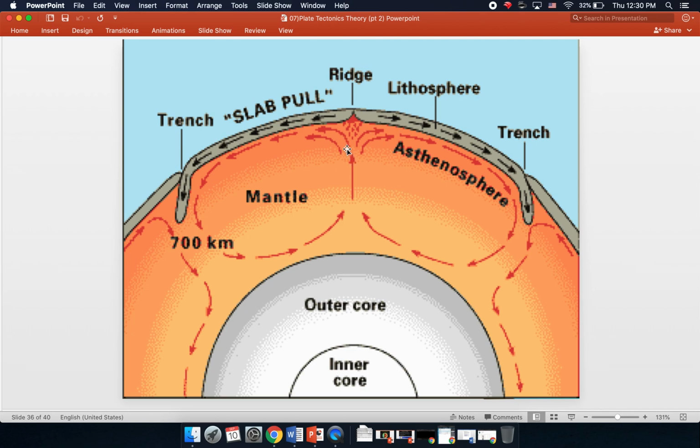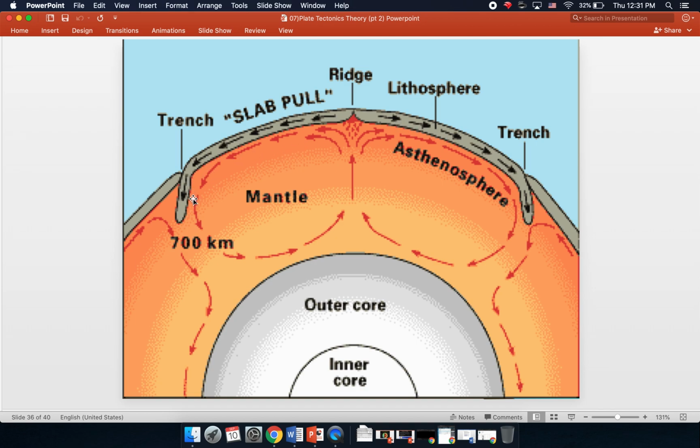Also, not all of that magma can push up here, so the rest of it flows to the sides. As it flows to the sides, it creates friction on these plates and pulls them along. We call this slab pull. So you have ridge push here, where the magma's pushing the plates apart. Then you have slab pull along here, where the magma is pulling the plates along as well.